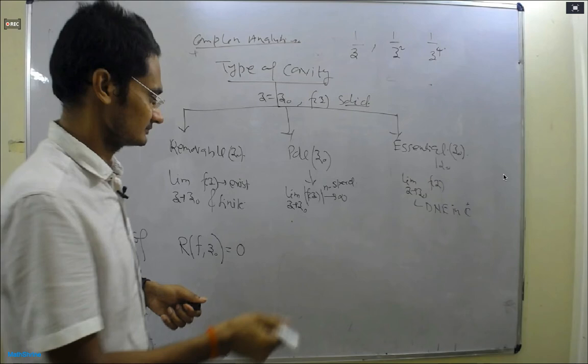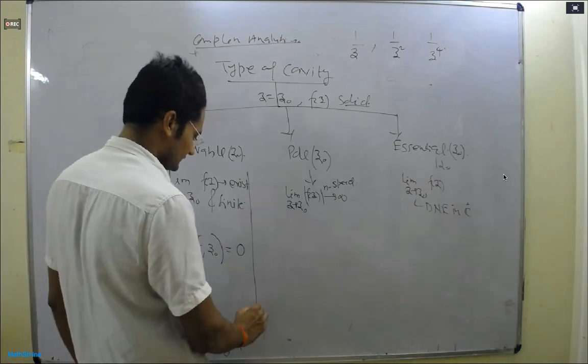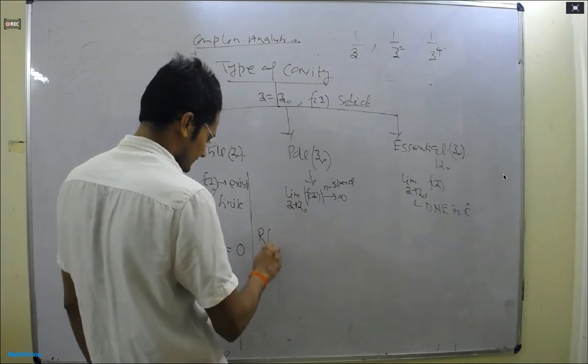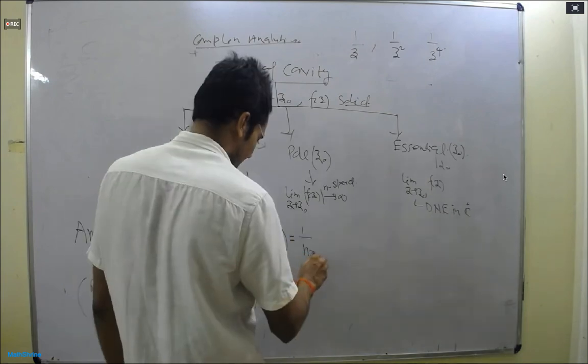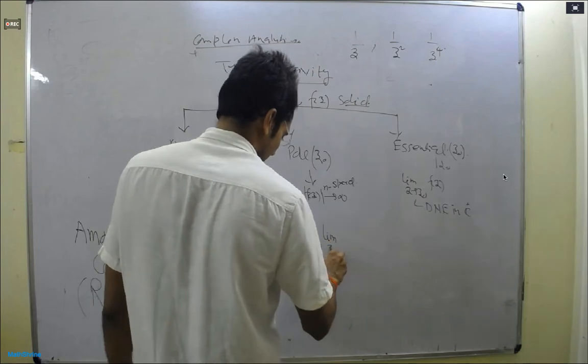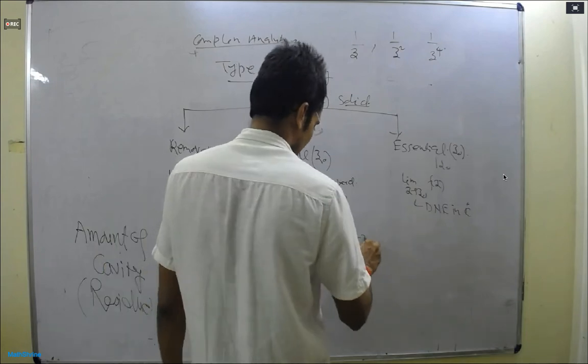So here, the residue, or the amount of cavity, of this function at point z naught is equal to, the formula is 1 upon n minus 1 factorial, limit z tending to z naught, z minus z naught raised to the power n into f z.